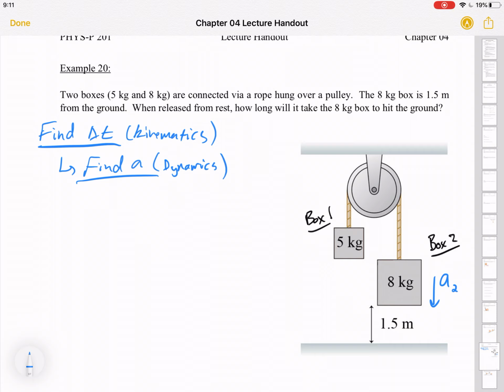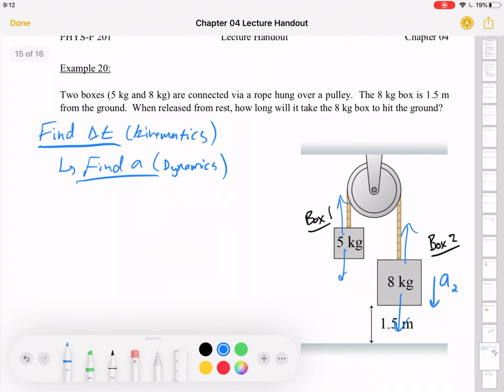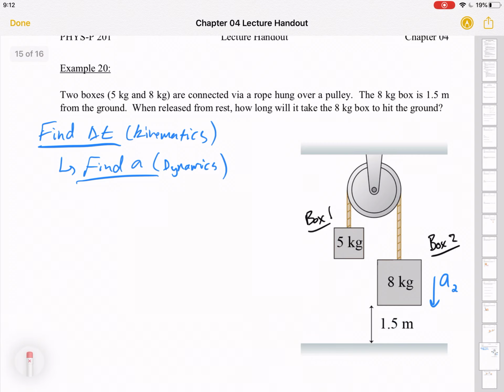Again, block 2 has weight acting downward on it and tension acting upward on it, and that tension is transferred around this pulley into this 5 kilogram block, which also has weight acting on it. So to find that tension, I'm going to need to draw a free body diagram for both of these objects. I think that'll become clear once we actually do that. So let's do that.